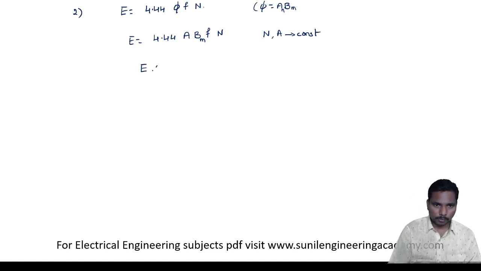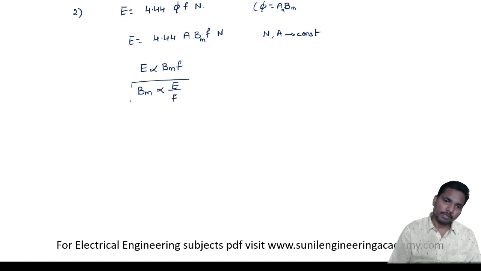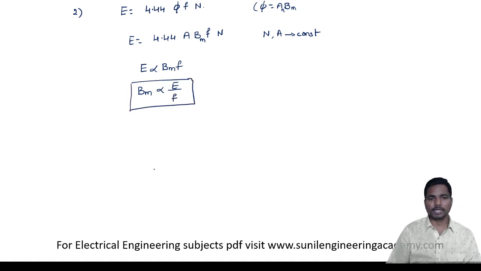Then EMF is proportional to the remaining variable quantities, flux density and frequency. So we can operate this at whatever flux and whatever frequency. From this one, we can get B max is proportional to E by F. So flux density depends upon EMF by frequency.